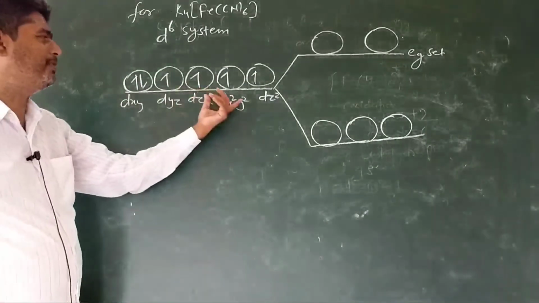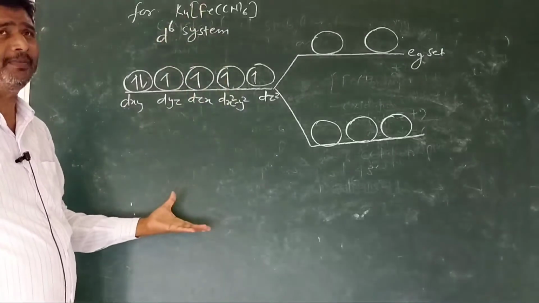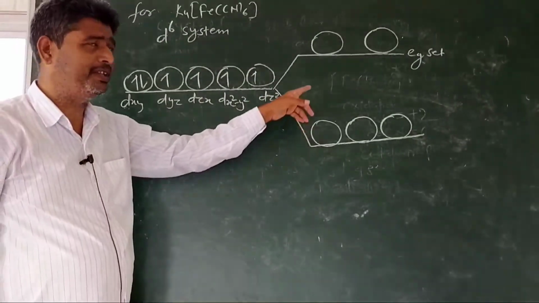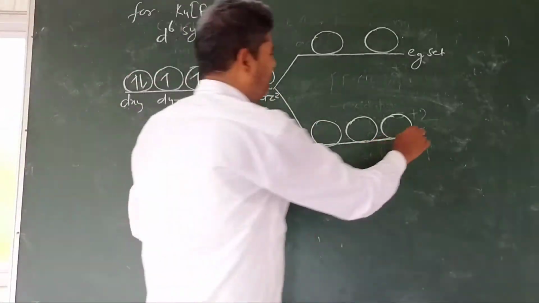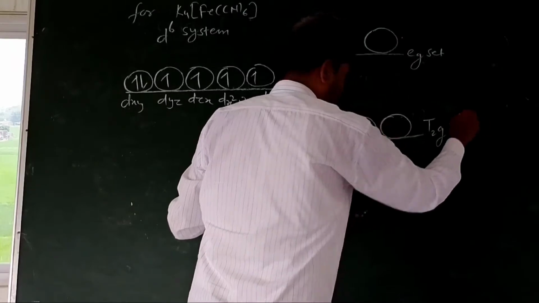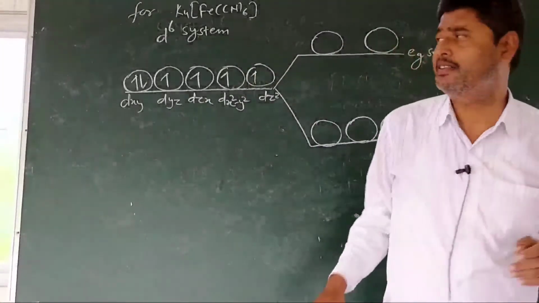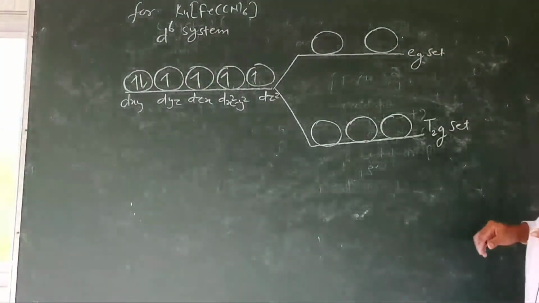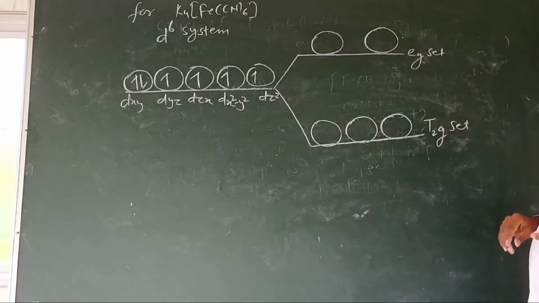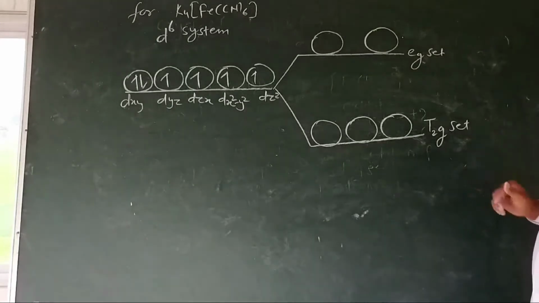This is the distribution before splitting the d orbital. After splitting, two sets are obtained, the EG set and the T2G set. Now these 6 electrons are distributed in these two sets according to Aufbau.